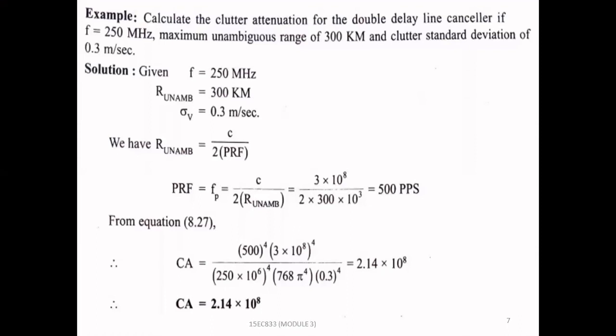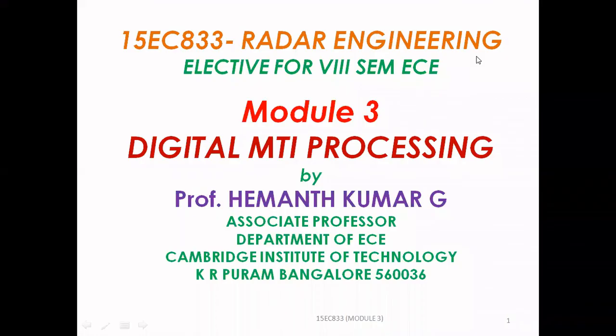So substituting these values, we are getting CA equal to 500 to the power 4, 3 into 10 power 8 to the power 4 divided by 215 into 10 power 6 to the power 4, 768 pi to the power 4, 0.3 to the power 4. We'll be getting CA equal to 2.14 into 10 power 8.